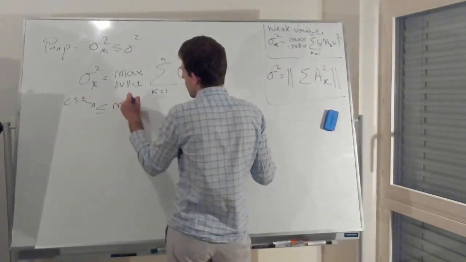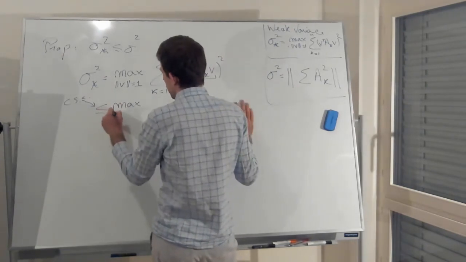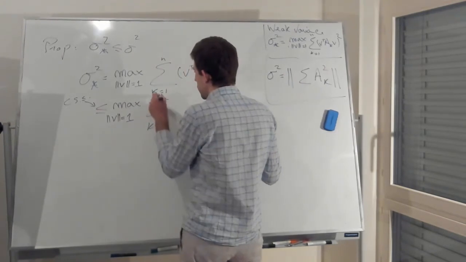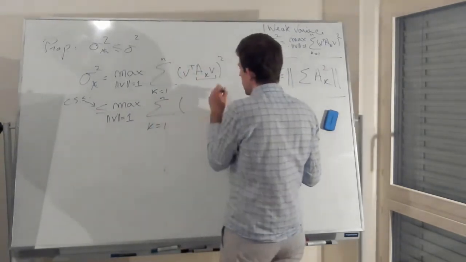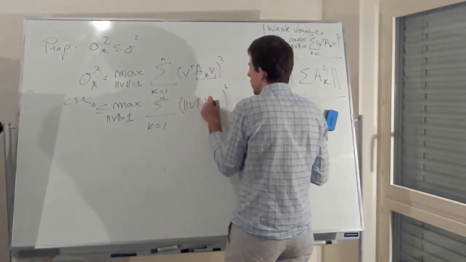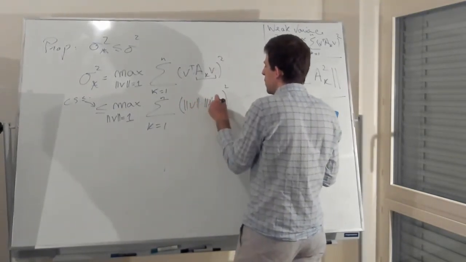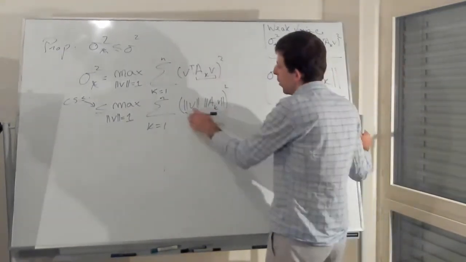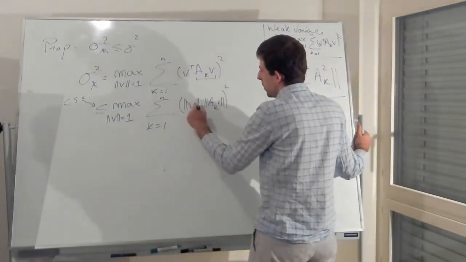So let's try that. We get the max over v of the sum from k from 1 to n, and inside the square, what we have is the norm of v times the norm of A_k v. This is just Cauchy-Schwarz inside. Now the norm of v we know is 1.